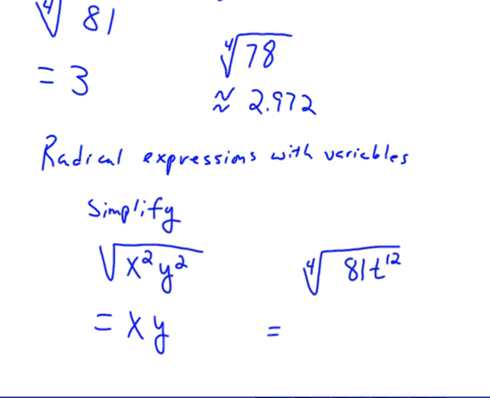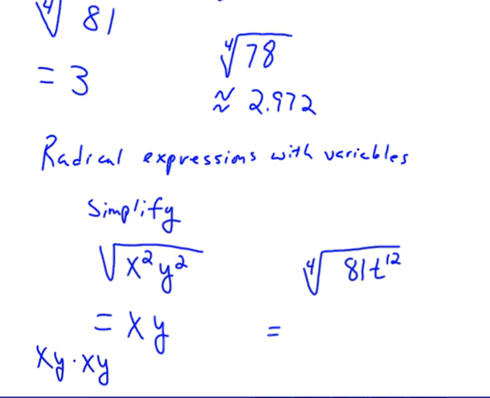Because Caroline realized if I multiply xy times xy, I add the exponents. What are the exponents on my x's? 1. So that makes x squared. And what are my exponents on my y? 1. So that makes y squared. So that's the square root of x squared y squared.